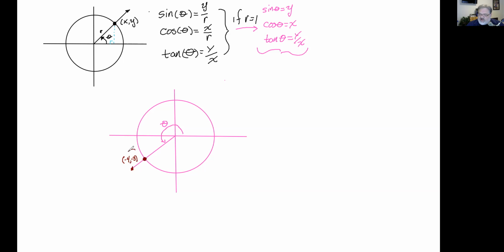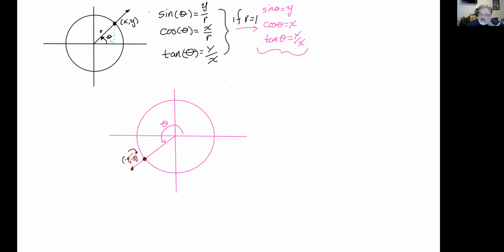So that point is on this ray. Now, whether or not there's a circle here, certainly we could draw a circle here if somebody didn't do it for us. And if we want to find the value of those trig functions, we'd have to find what the radius of that circle is.